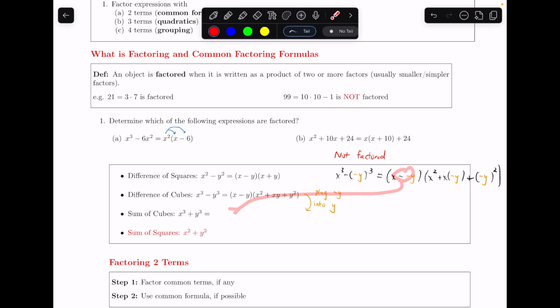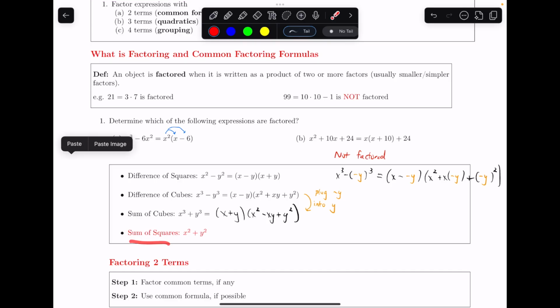So on the right-hand side, I would get x plus y. And then the second parentheses becomes x squared, and then minus xy, and then plus a negative getting squared becomes positive. So I get plus y squared. And that's my sum of cubes formula. A sum of squares does not factor. So if we see a sum of squares, that does not factor.